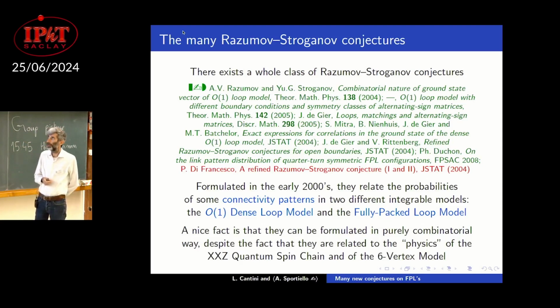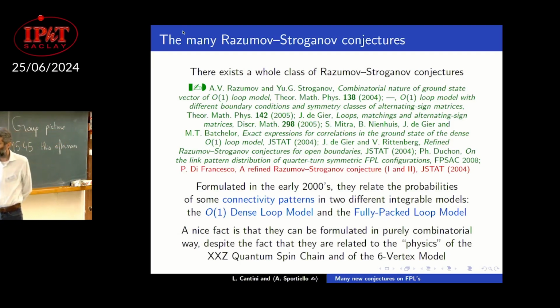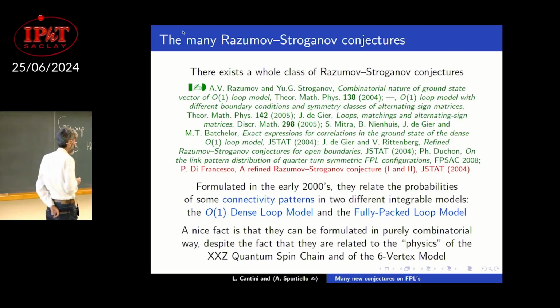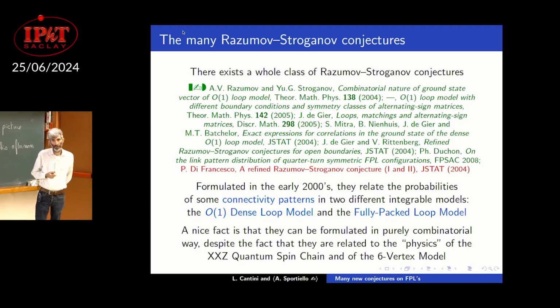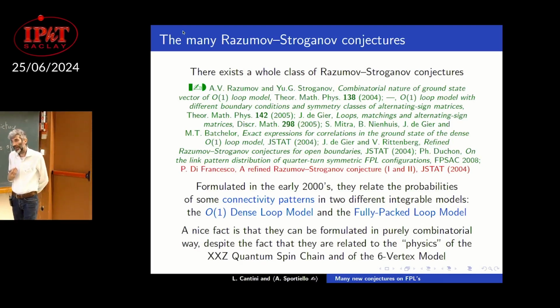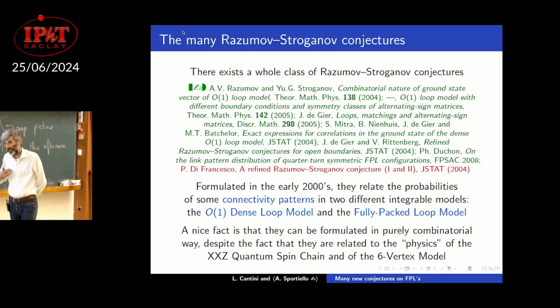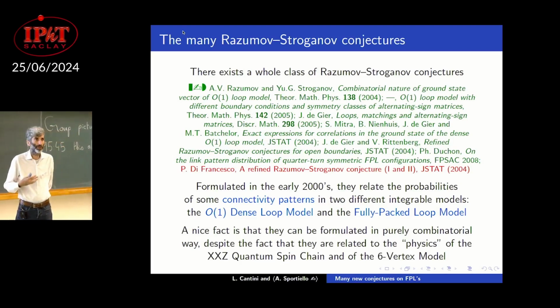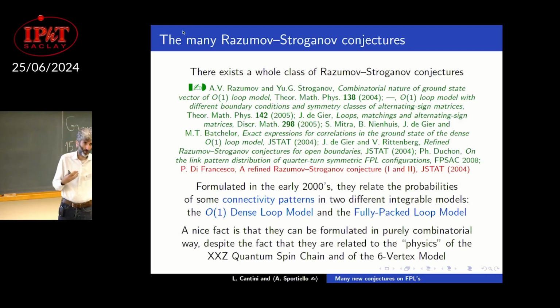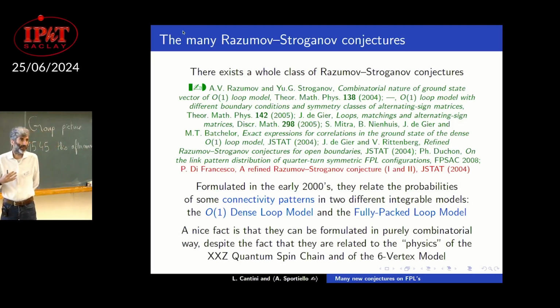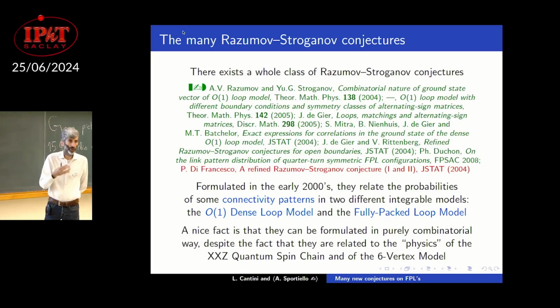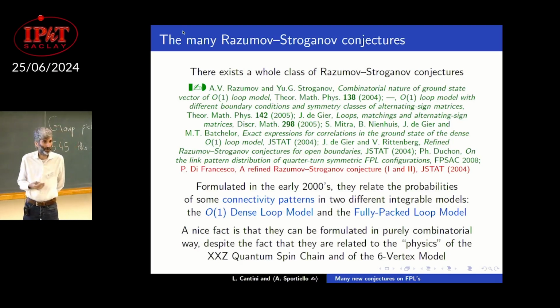Let me go back to the story. So let me point out an important fact. There is the Razumov-Stroganov conjecture, the one that appeared in the first paper, but it is more fair to say that there is a whole family of Razumov-Stroganov-like conjectures, which are very similar to each other, more or less in the same way that a given integrable bulk model may have different boundary conditions which are integrable and things like that.